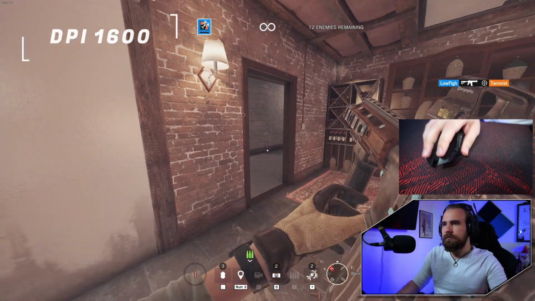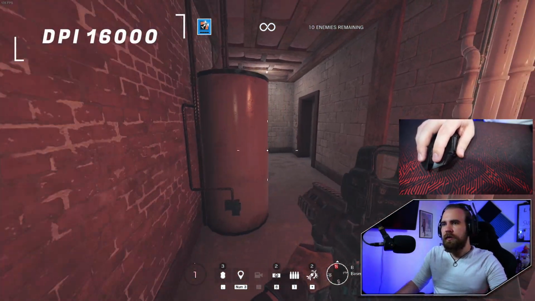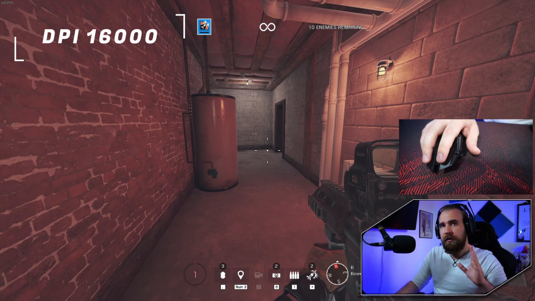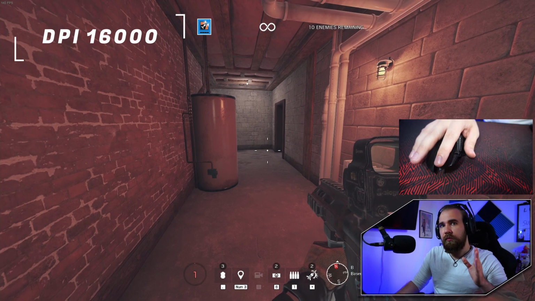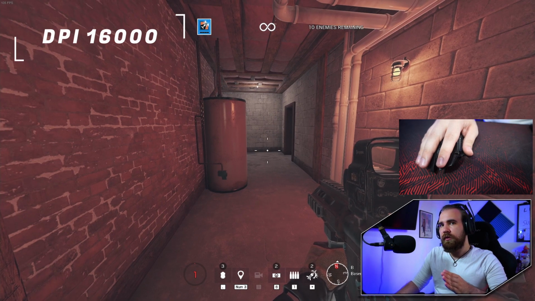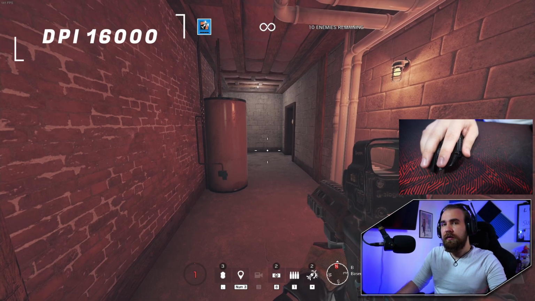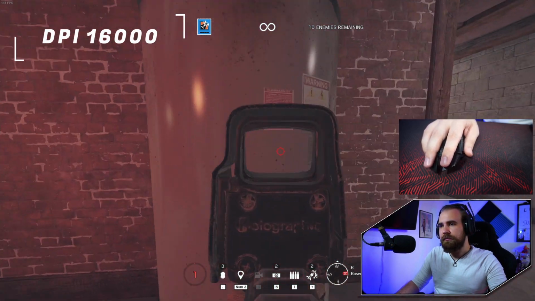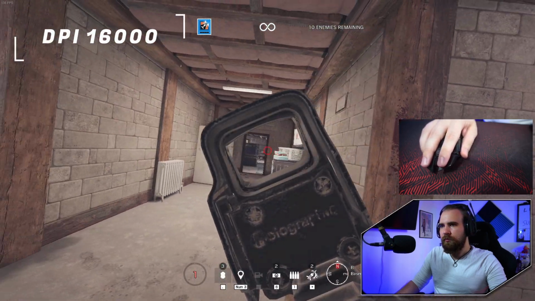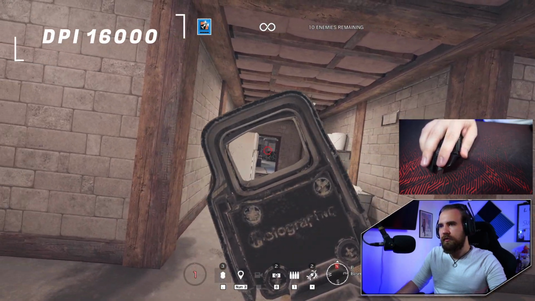That was fun. Now we've hopped into 16,000, which is a common one seen on mice as the maximum DPI. If you were running in Rainbow Six Siege, 6 sensitivity and 16,000 DPI, this is what it would look like. This is borderline impossible. No, not actually borderline.